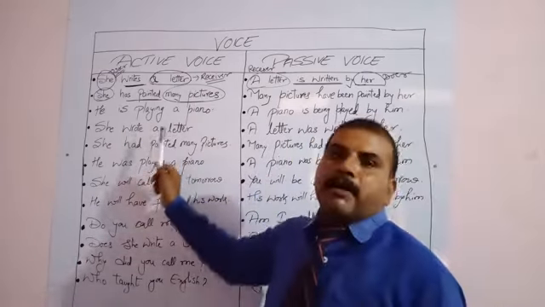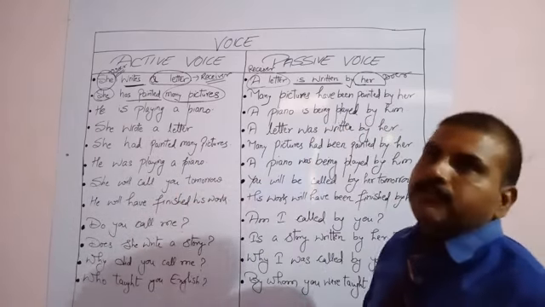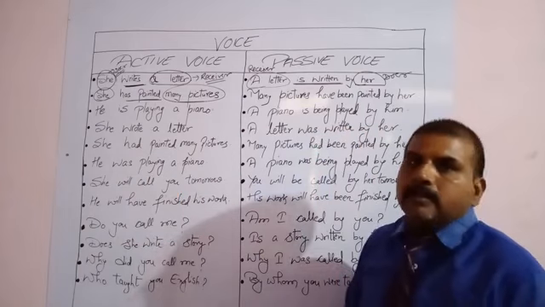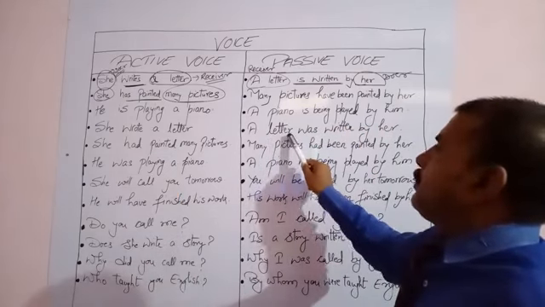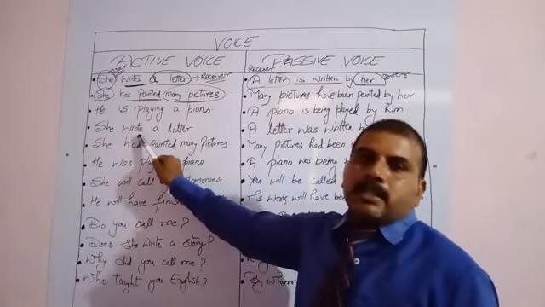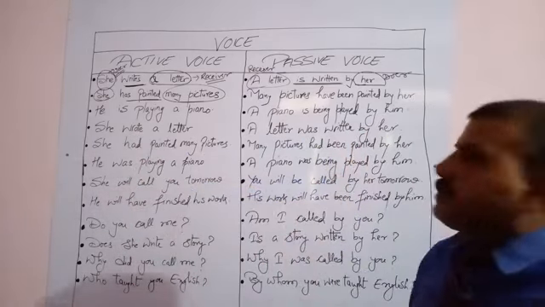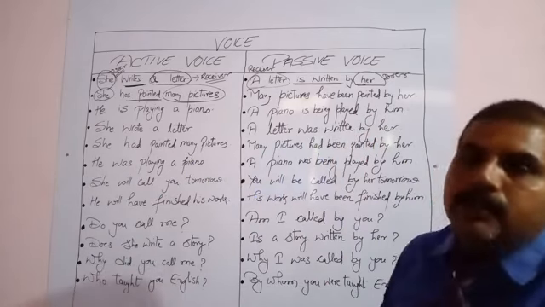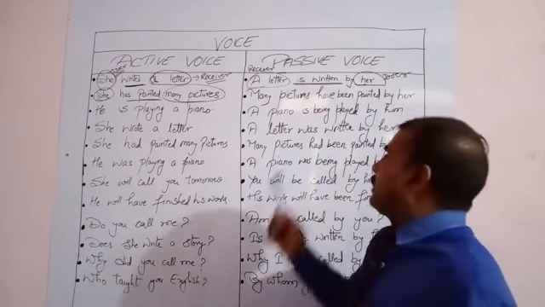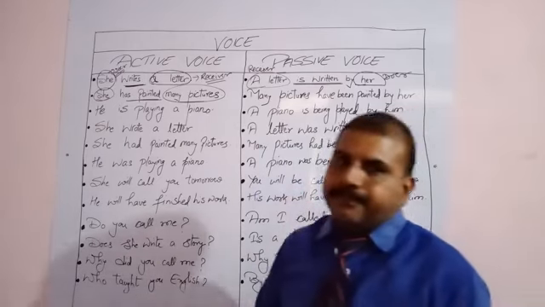Now as it denotes past indefinite tense, by following the structure we use "was" or "were." A letter is singular, so "was." Wrote is the second form, write is the first form, and in passive we use the third form of the verb, which is written. A letter was written by her.